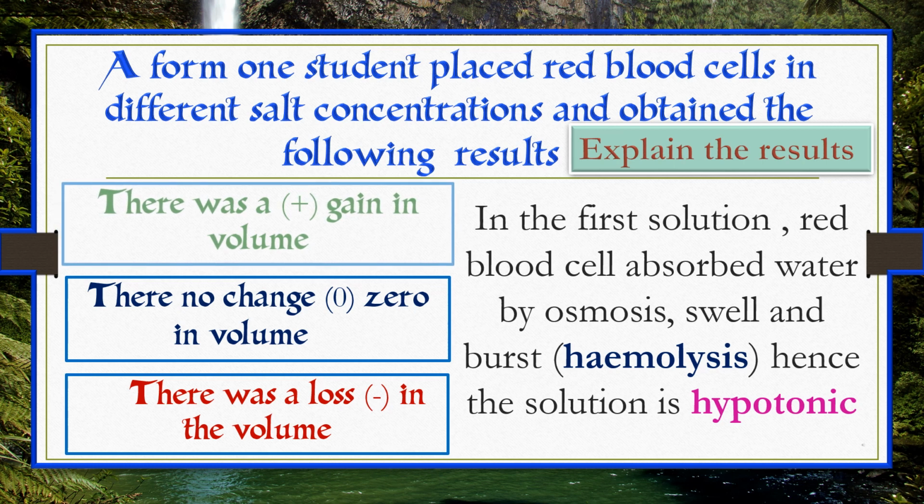Now, in the first solution, where there was a positive gain in volume, the red blood cells absorbed water by osmosis. This caused them to swell and they ended up bursting, which we call hemolysis. Hence, that means that the solution was hypotonic.